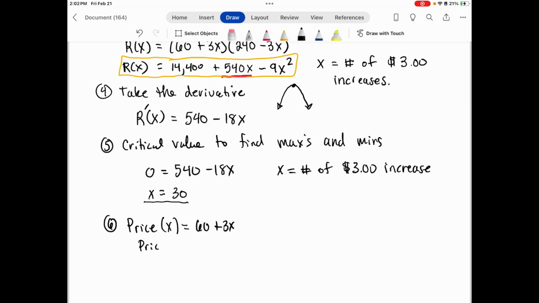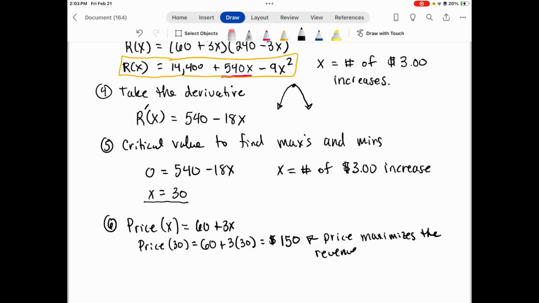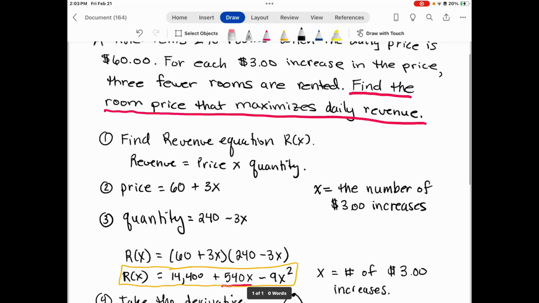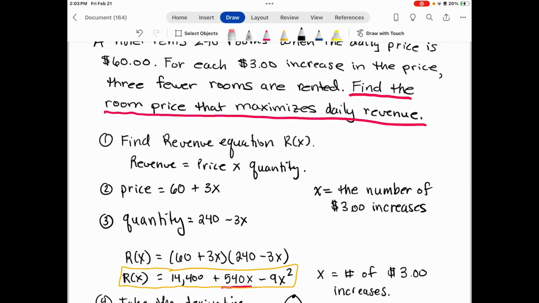So I'm going to have price, plug in 30, so this will give me 90 plus 60, which is $150. So this is the price that maximizes the revenue. Now, that's what we were tasked to find, right? It said, find the room price that maximizes the daily revenue.